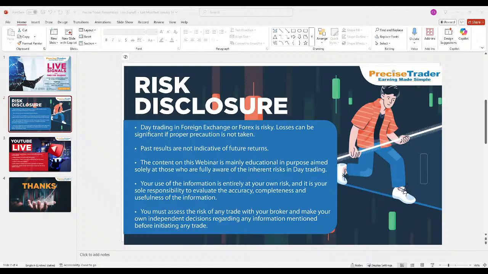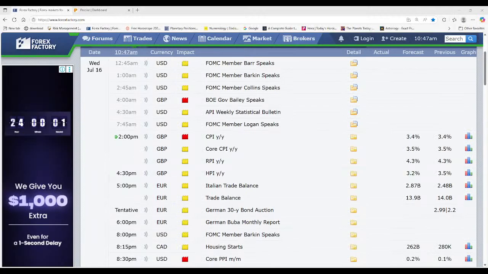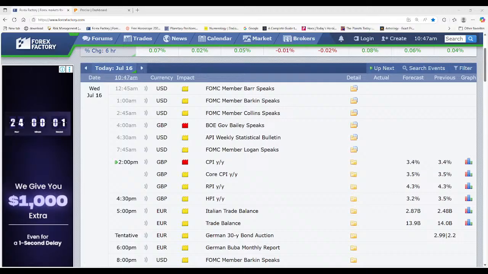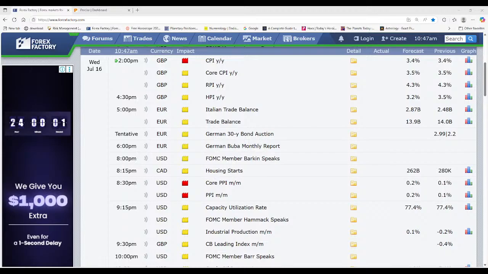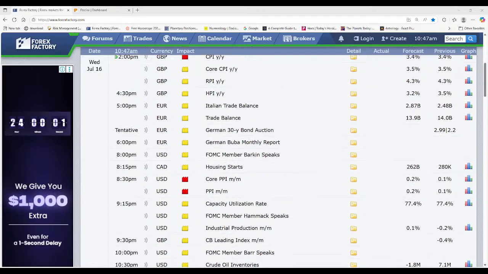The key data that is going to be out today: we have pound CPI data, which is out at 1400 hours, 2 p.m. Singapore time, and we have a core PPI month on month from the US. I think that's about it, only the PPI.